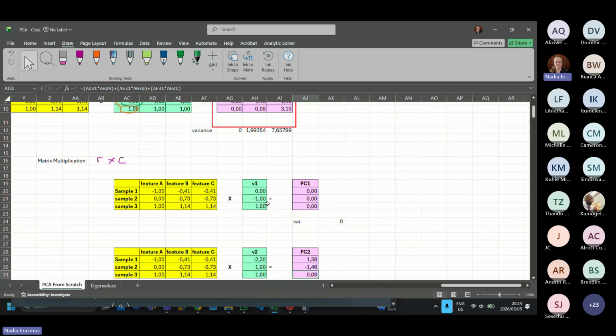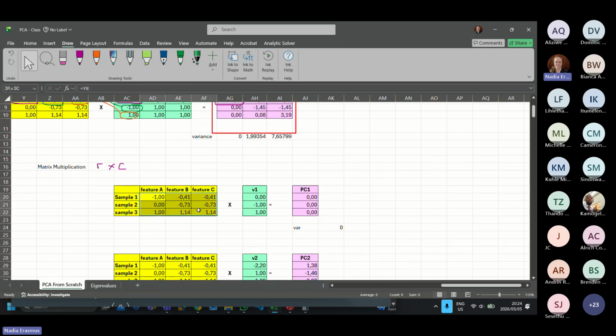Okay, so it's literally, you're multiplying a 3 by 3 matrix by a 3 by 1 matrix. So this is a 3 by 3 and this is a 3 by 1. And since these two values, this is a 3 and this is a 3, it can be multiplied.